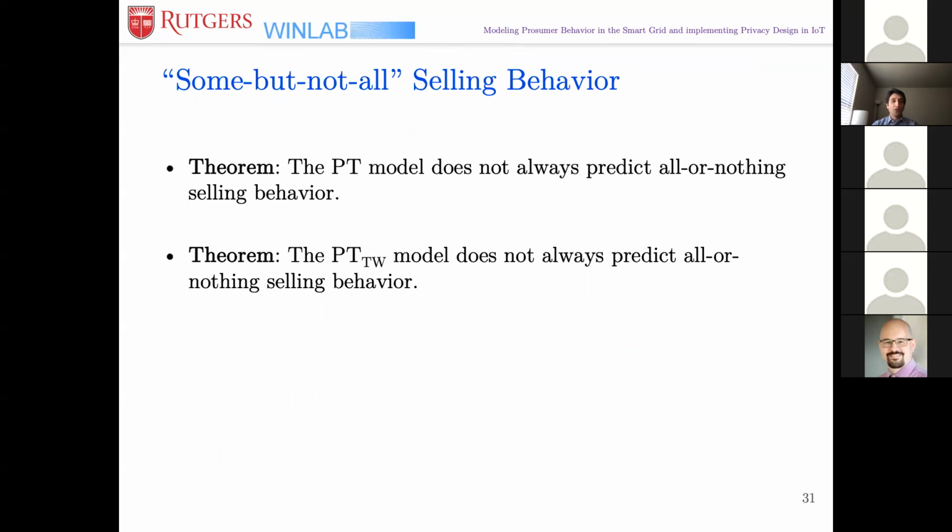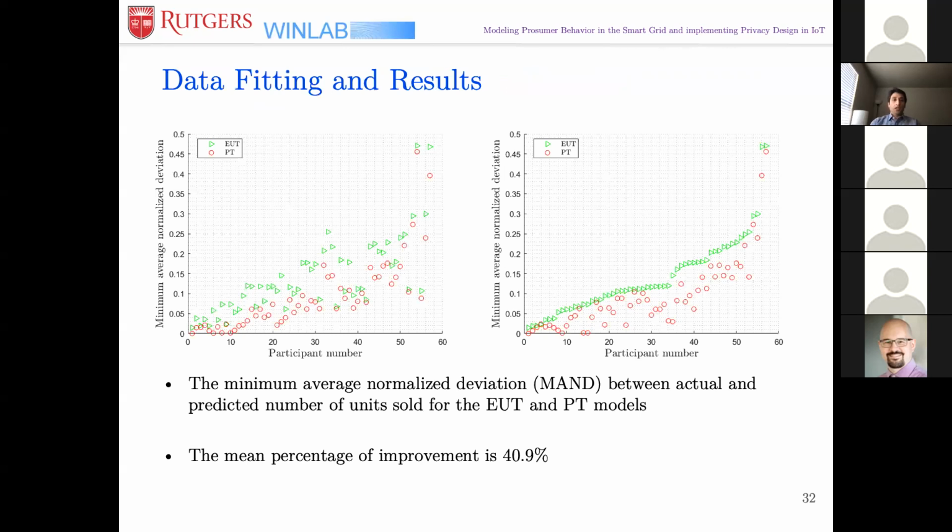We prove that both models can predict some but not all selling decisions. These figures show the minimum average normalized deviation between the actual and predicted number of units sold for the EUT and PT models.